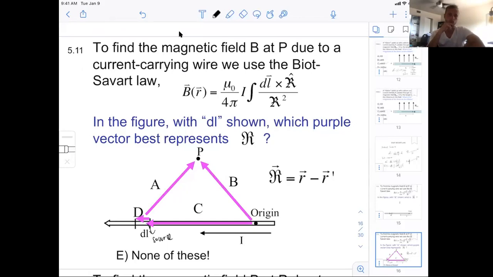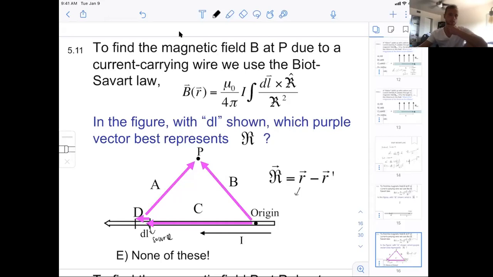Now you could get this from R minus R prime. So we can label R and R prime on our diagram. Which one of these do you think represents R? A, B, C, D? B. Yes, so that's the position of your field, right?